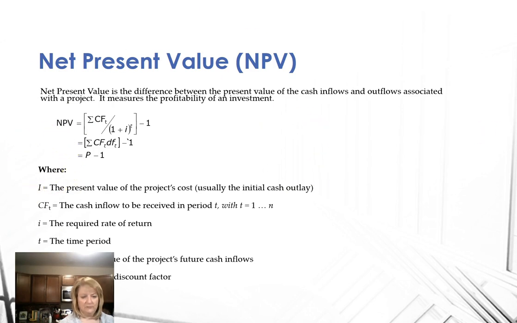And here is all of how you get to this. You need to have all of this information: the present value of the project's cost, the cash inflow to be received in that period, the required rate of return, the time period, the present value of the project's future cash inflows, and the discount factor.